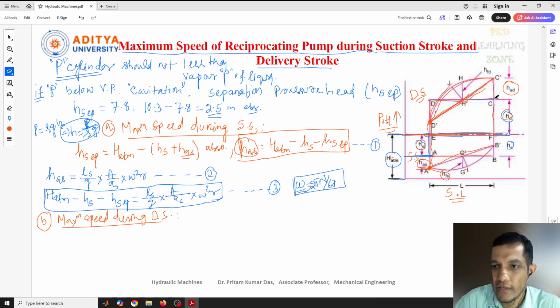At the end of the stroke, this is HATM plus HD minus HAD, and this is absolute, this much meter.